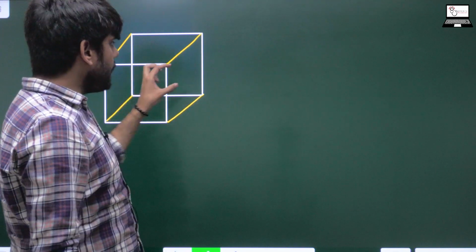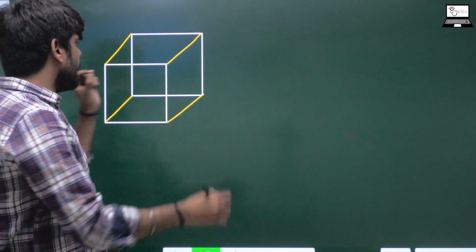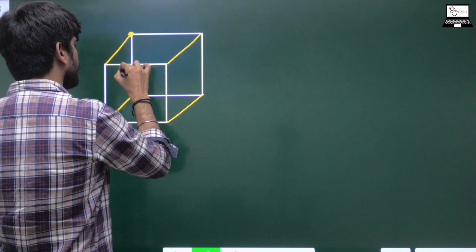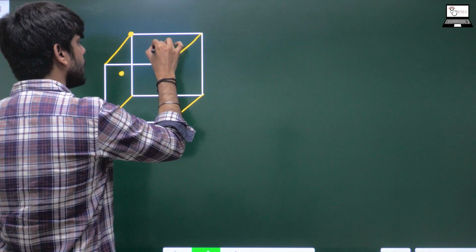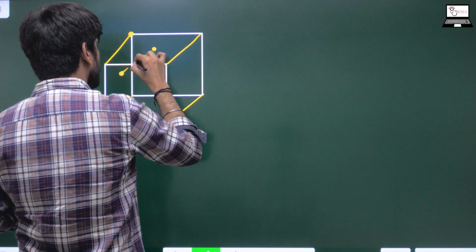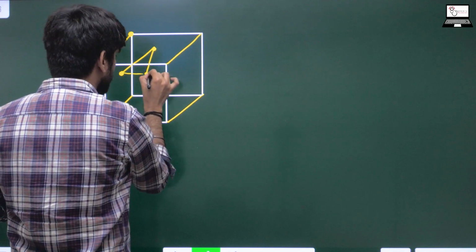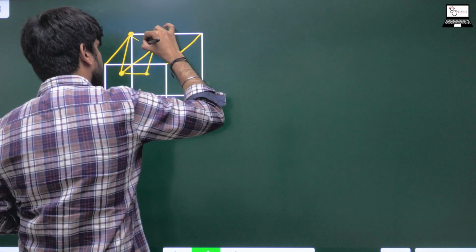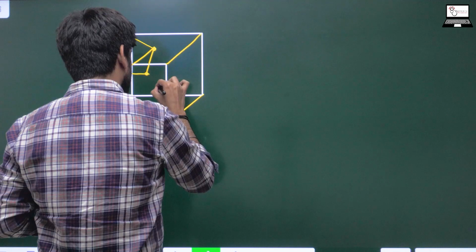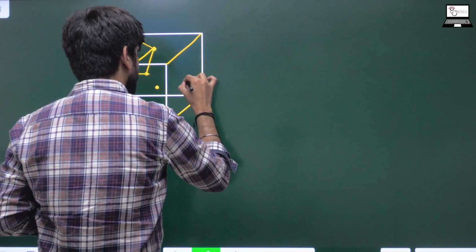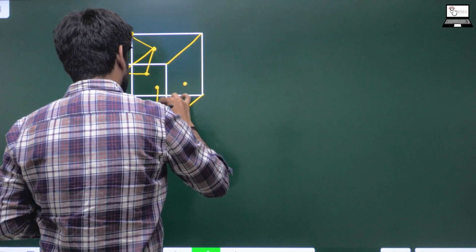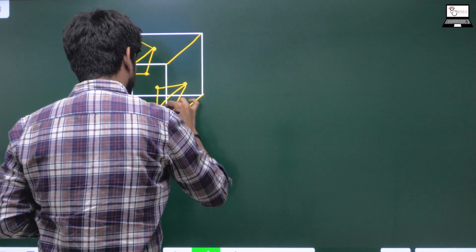Now suppose for the location of the type of void, let us consider 4 atoms: this corner atom, the atom of this face center, the atom at this face center, and the atom here. If you join this, it forms a tetrahedral shape like this, right? Similarly, I can choose this atom, the atom of this face center, the atom of this face center, and this corner atom. So here also I get something like this.